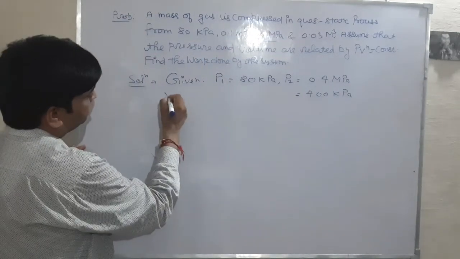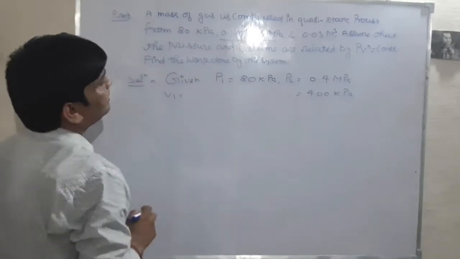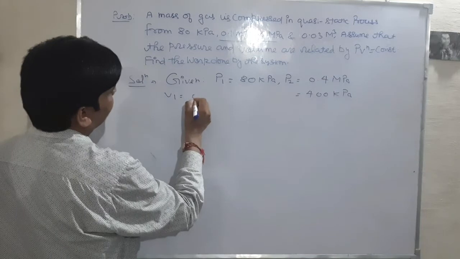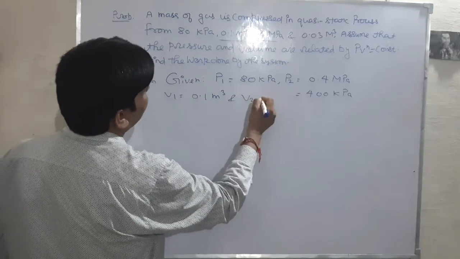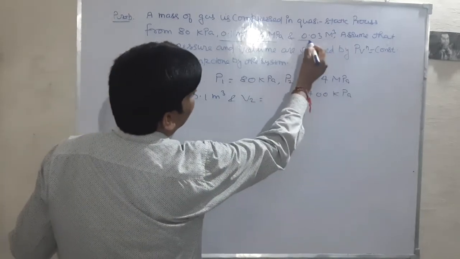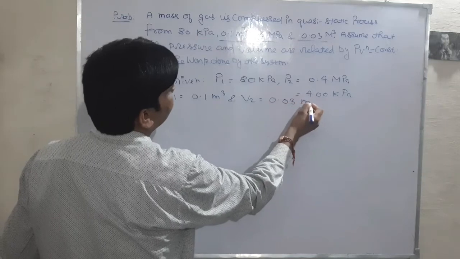V1 equal to 0.1 meter cube and V2 equal to 0.03 meter cube.